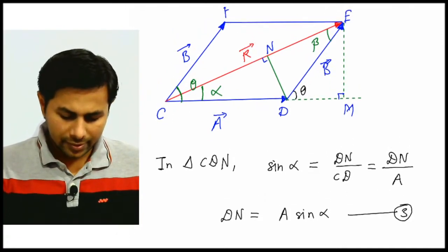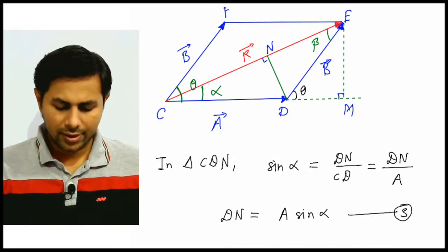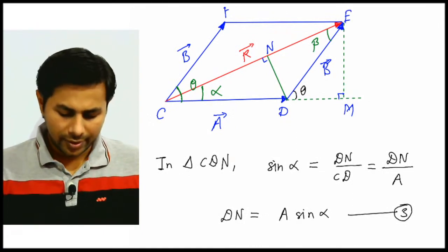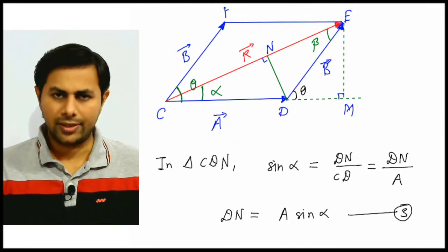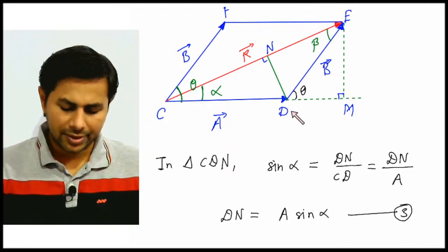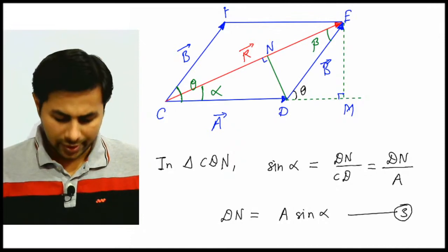And after that, let's consider this triangle. So in this triangle, we have sine of this angle beta is equal to this opposite side DN divided by the length of the hypotenuse, which is D, and that's the magnitude of vector B bar.